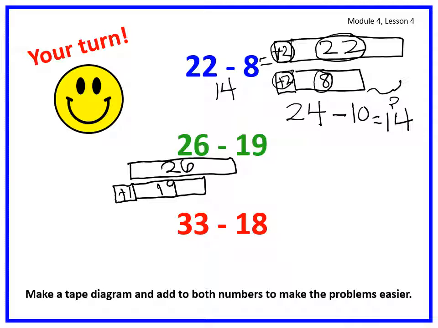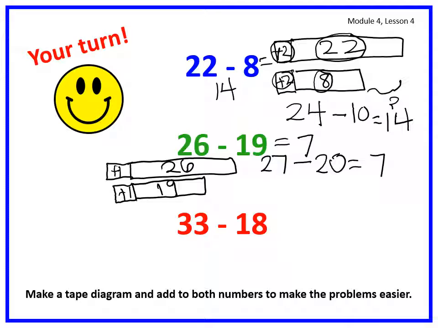It's 1. So I add 1 to both sides. So instead of 26, I have 27. And instead of 19, I have 20. And I know 27 minus 20 pretty quickly. That's 7. So the answer to 26 minus 19 equals 7.